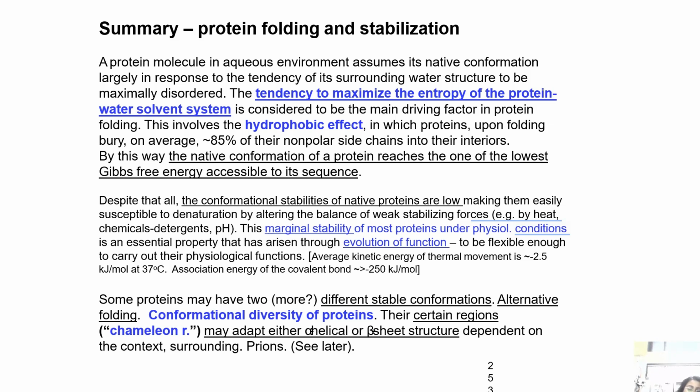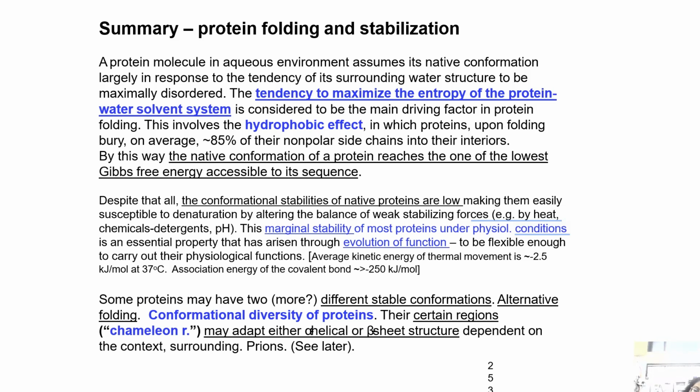So the tendency to maximize the entropy of the protein-water system is considered to be the main driving factor in protein folding. This involves the hydrophobic effect, in which proteins upon folding bury on average 85% of the non-polar side chains into their interiors. In this way, the native conformation of a protein reaches one of the lowest Gibbs free energies accessible to the sequence.